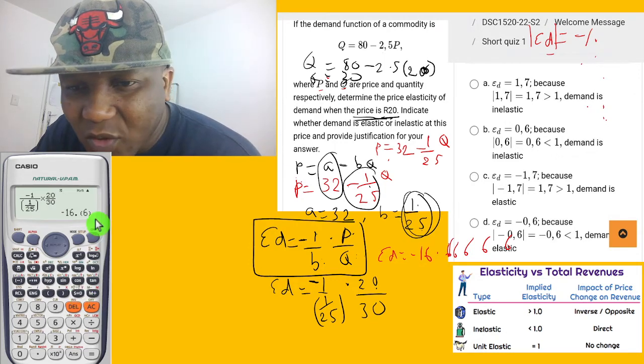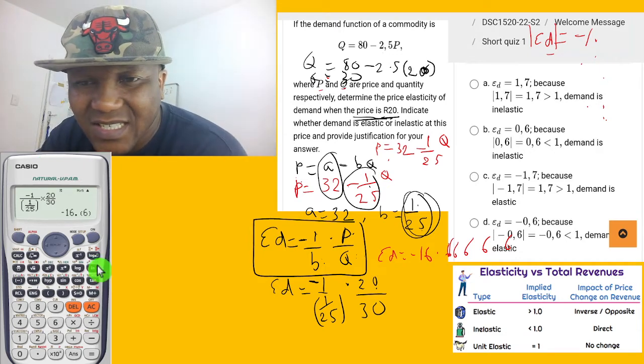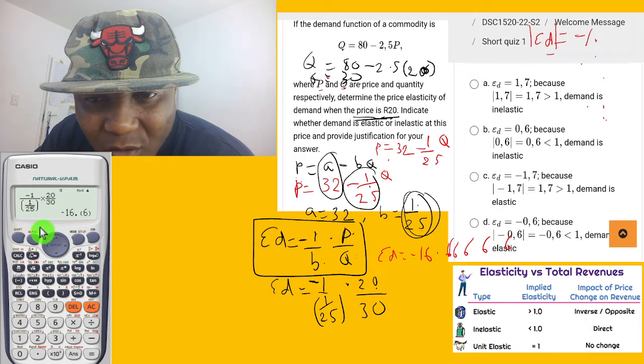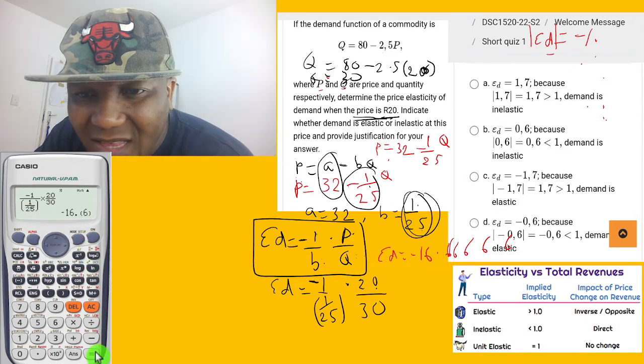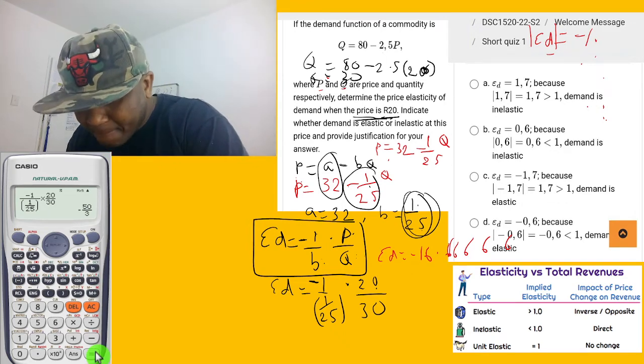Oh, I think something must be wrong because in the options here it's 1.7, it's not 16. So maybe they will have plugged here, let's say 1 over 125 times 20 P over 30. I think something is wrong with the calculator. Let me plug it in with my manual calculator and see.